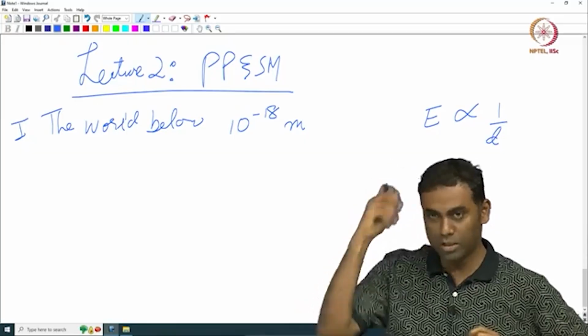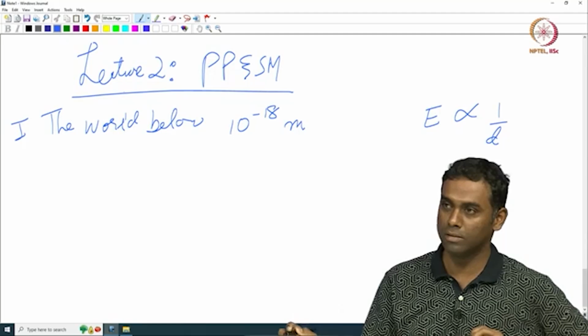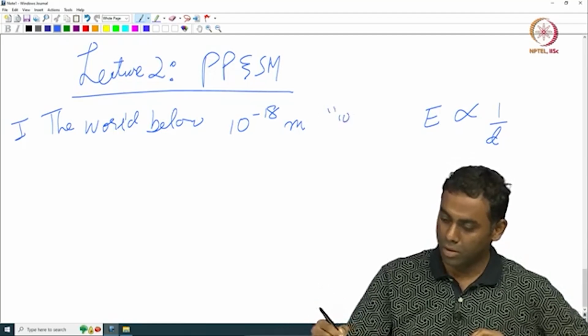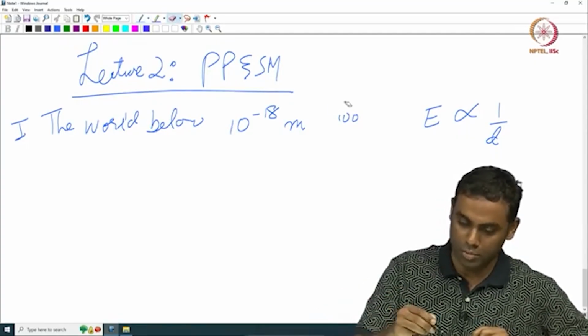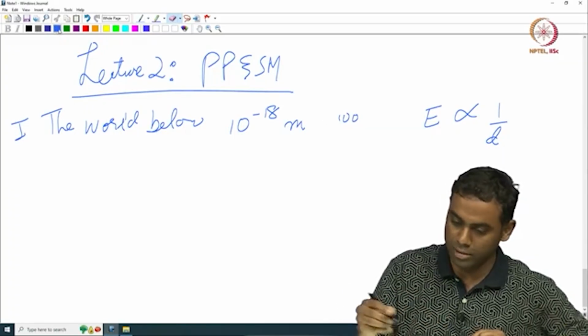So, what is this scale? Why 10 power minus 18 meters? Does anybody know what this scale is called? This distance scale, also I am sorry, corresponding to 100 GeV in energy.